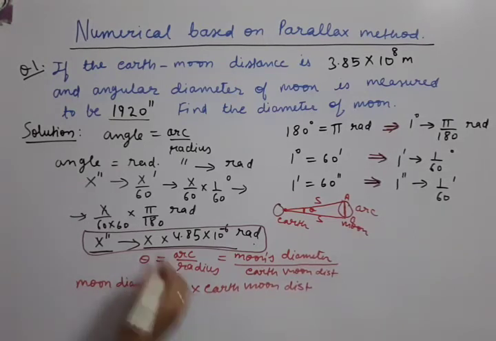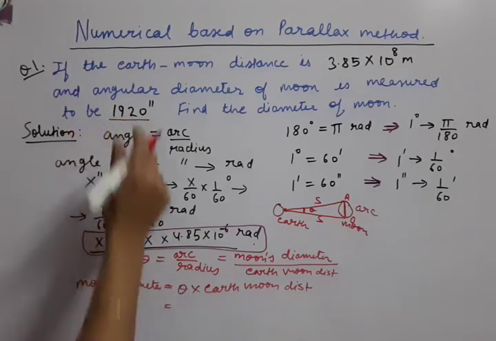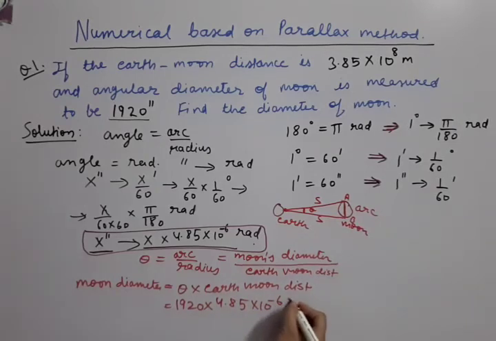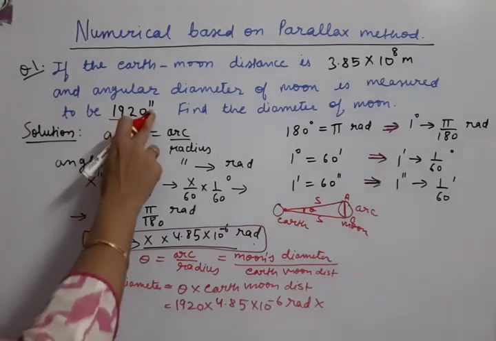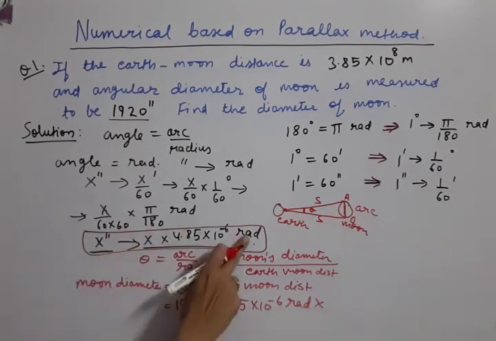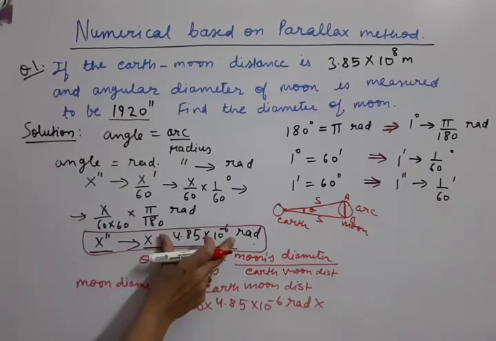Now theta is given as 1920 seconds. So this 1920 is in seconds, so we should multiply by a factor. What is that multiple? 4.85 into 10 raised to power minus 6, so that it gets converted to radian. So we converted theta into radian because it was in seconds. Seconds is not a proper unit, so to convert seconds to radian we multiply by 4.85 into 10 raised to power minus 6.